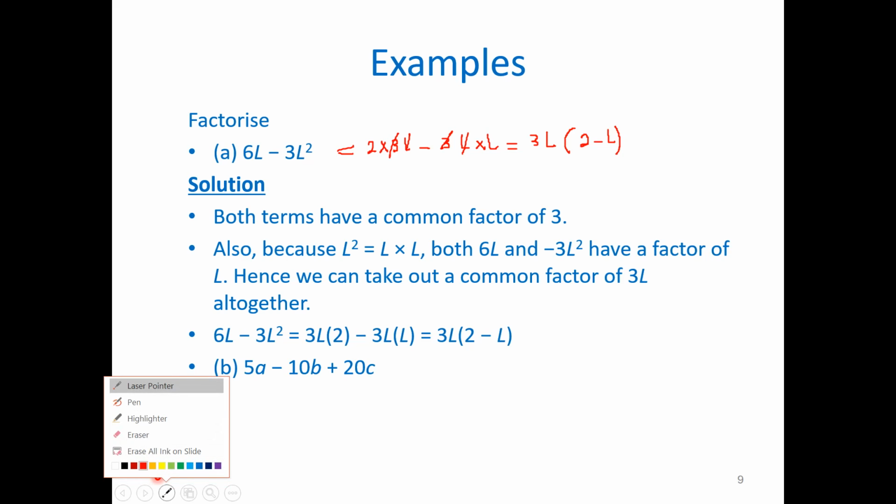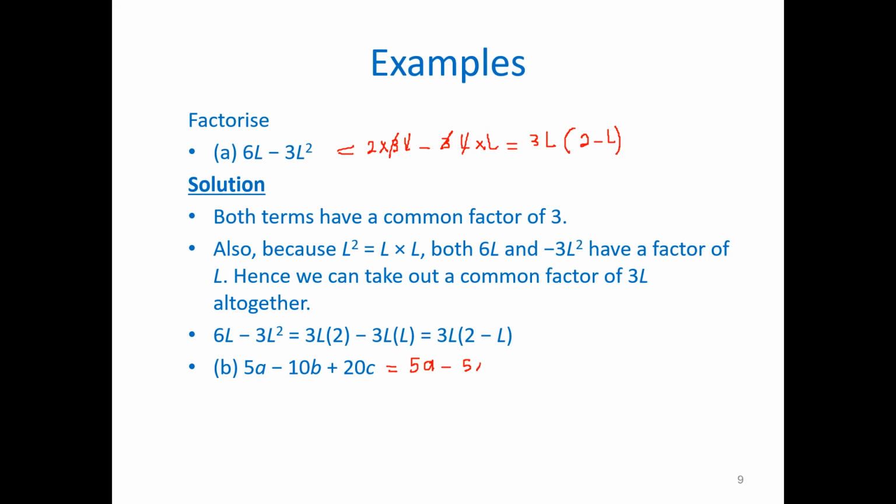So you can again write each number and each term in its lowest term. So 5a is already in the lowest form, 5 times a, minus 10 we can write as 5 times 2, don't forget this b, plus 20 is 2 times 2 times 5b.